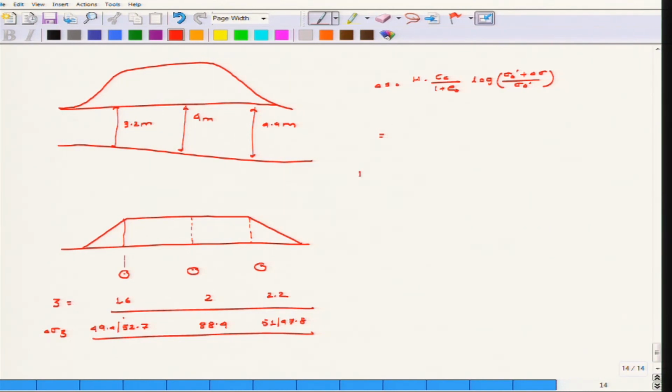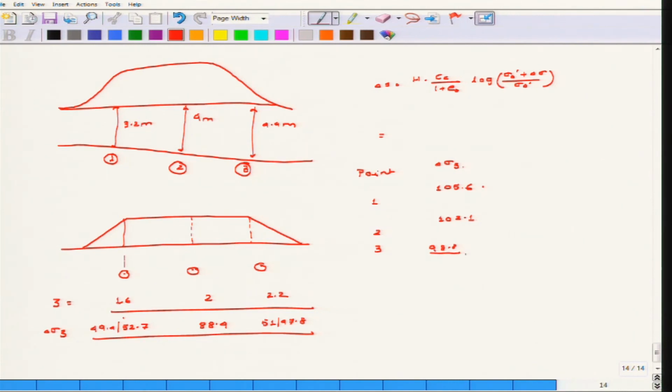So let us form a table. Point 1, 2, 3. Point 1 is the leftmost point, 2 is the middle point, 3 is the rightmost point. In that case delta sigma z is given to you as 49.4 plus 52.7, which is equivalent to 102.1, and then 105.6 and 98.8.